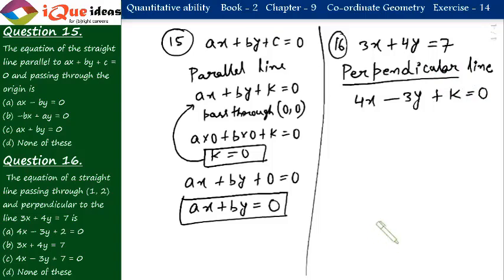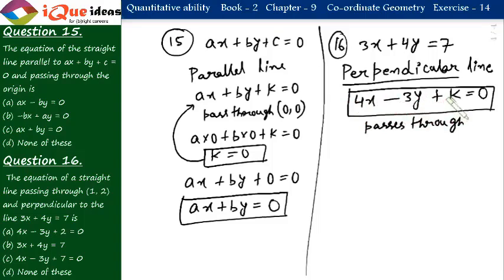Alright. Now this line passes through a given point 1, 2. The coordinates of the given point are 1 and 2. So put x equal to 1 and y equal to 2 in the given equation. So it will be 4 into 1 minus 3 into 2 plus k equal to 0. So it is 4 minus 6 plus k equal to 0.